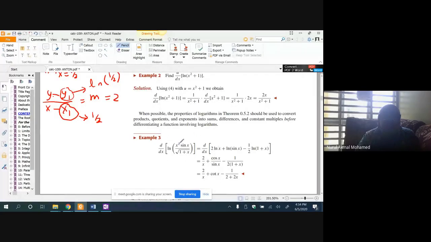For the power, it can be taken out in front of the ln. And then for the product, it is summation. And for the division, it will be minus.